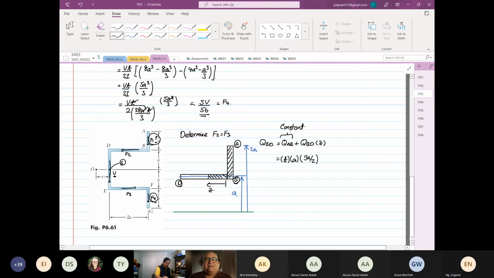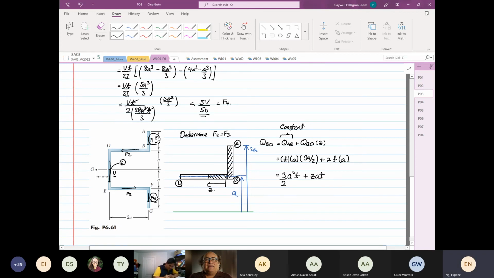Okay, then plus Z, the width is Z, the thickness is T, and the Y bar is equal to A. So this will be equal to 3 over 2 A squared T, okay, plus Z AT.